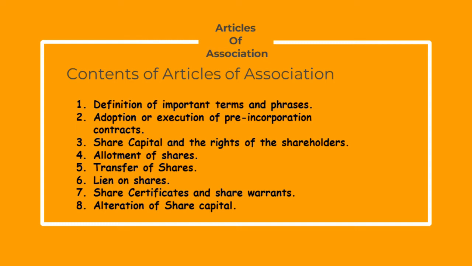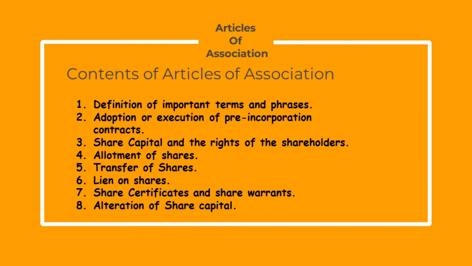How you are going to conduct different types of meetings like annual general meeting, statutory meeting, extraordinary general meeting, class meetings, creditors meetings. Then borrowing powers of the company, whether the company can borrow. This provision has to be inserted in the articles of association.